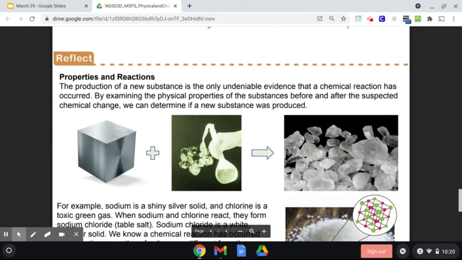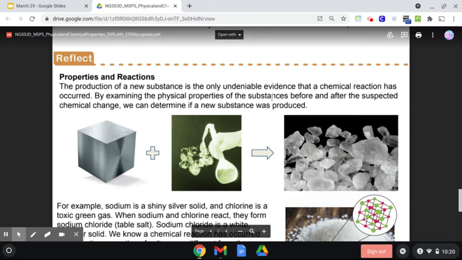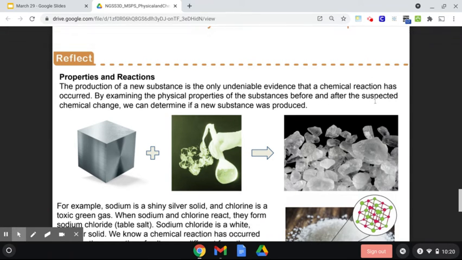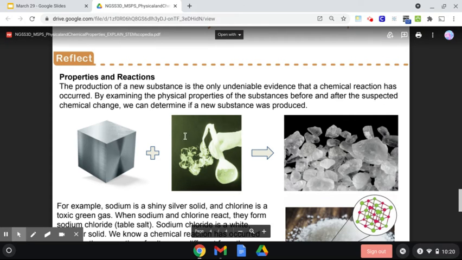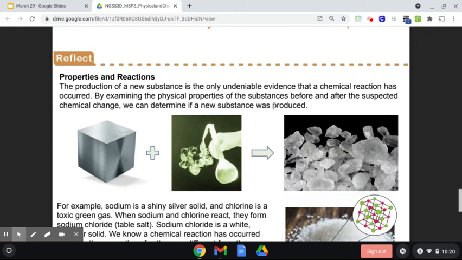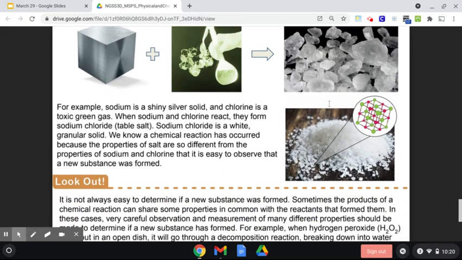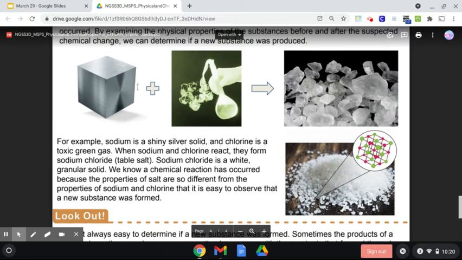Reflect. Properties and reaction. The production of a new substance is the only undeniable evidence that a chemical reaction has occurred. By examining the physical properties of the substance before and after the suspected chemical change, we can determine if a new substance was produced. For example, sodium is a shiny silver solid, and chlorine is a toxic green gas.